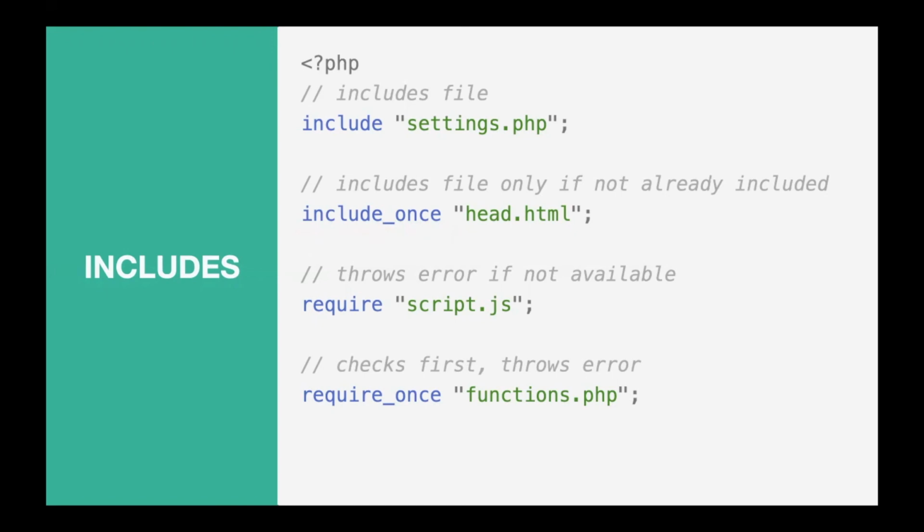What include once will do is check to see if a file has been included before, and if it has, it won't include it again. If you use include once here, and then you use include the time after that, it would still be included multiple times. It only does a check on the include once, just to be clear.